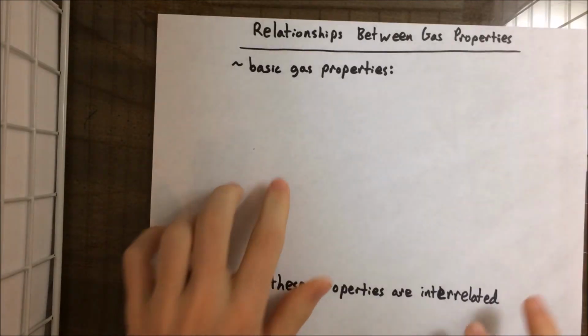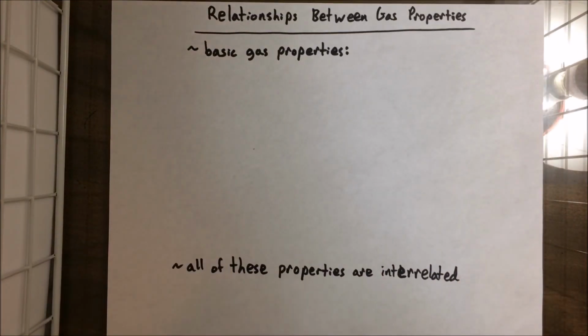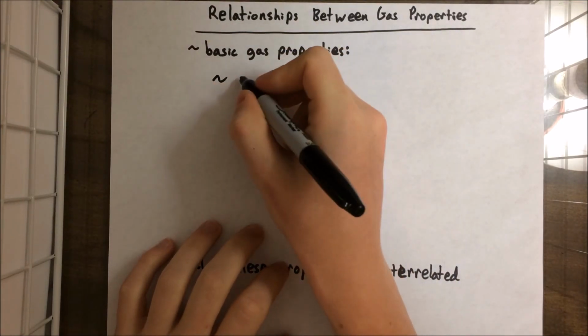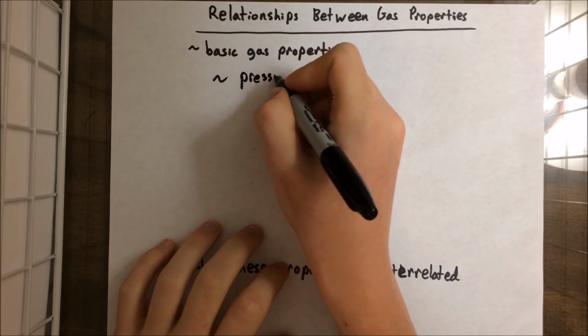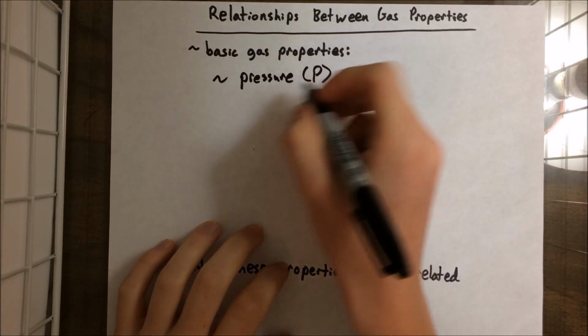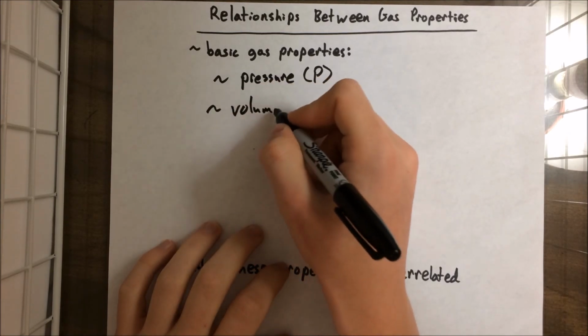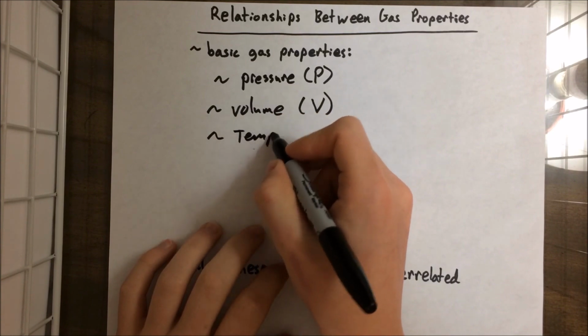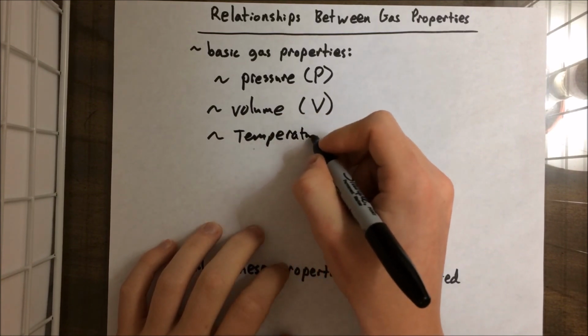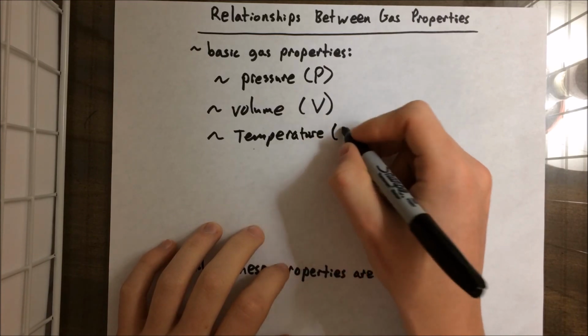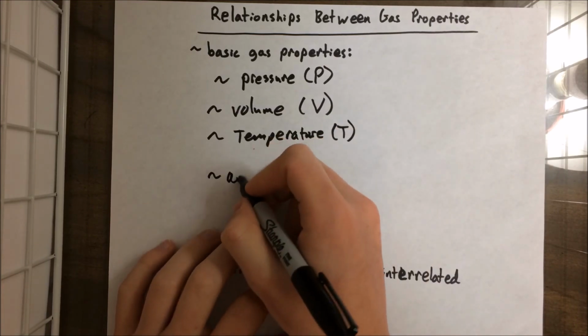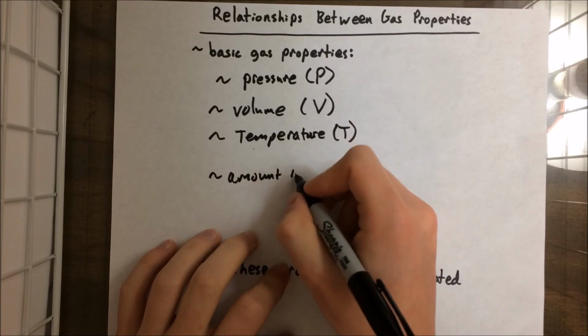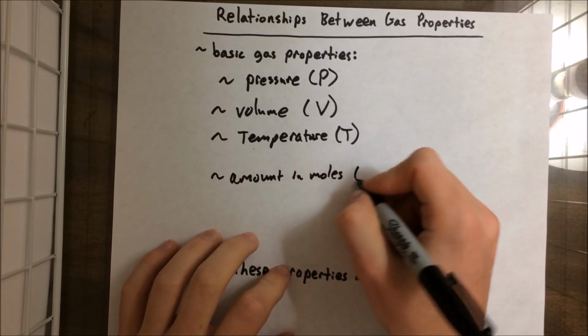The basic gas properties and their relationships, which are related by those laws we just looked at, are pressure, which we represent with the capital P, volume, which we represent with the capital V, temperature, which we represent with the capital T, and then the amount in moles, which we represent with the lowercase n.